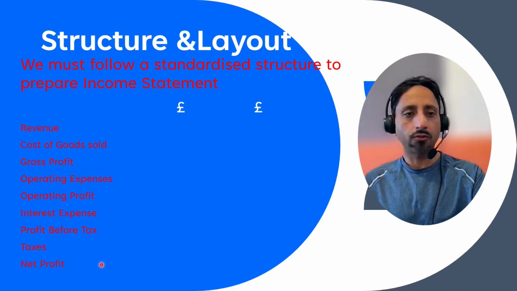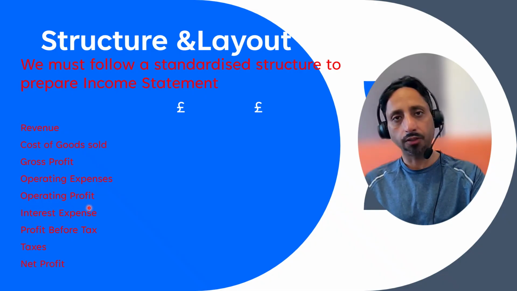Then we have gross profit. After that, we have operating expenses. Now, again, in operating expenses, there will be many different expenses that you'll find, but those will be subheadings. Then we'll have operating profit.